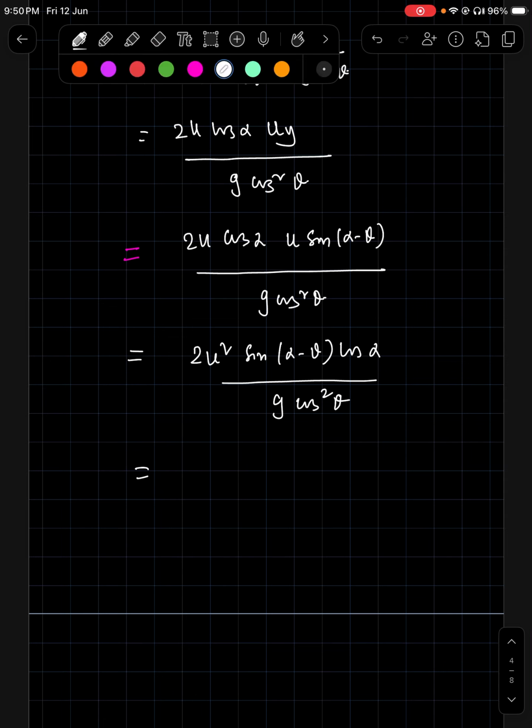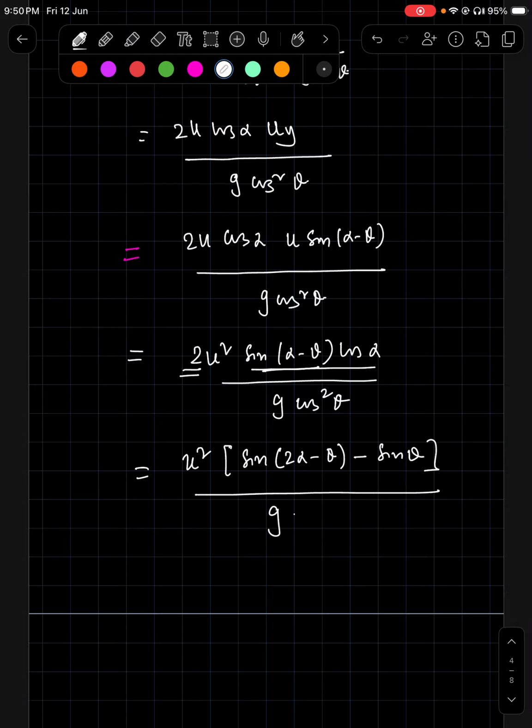Now I'm going to use the very important trigonometric identity, 2 sine A cos B. A is alpha minus theta and B is alpha. So it becomes sine 2 alpha minus theta minus sine theta, by g cos square theta. So this is the formula of the range.